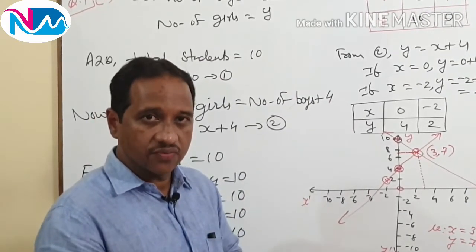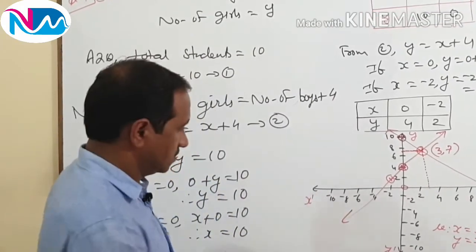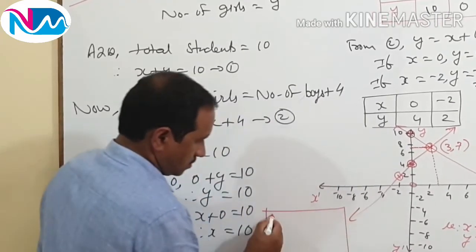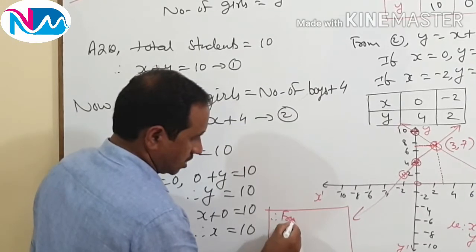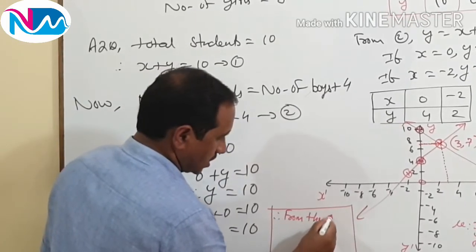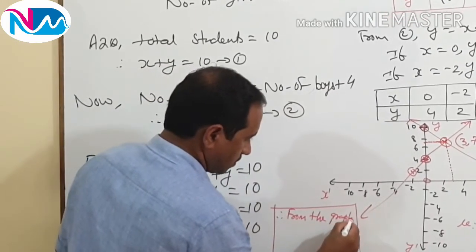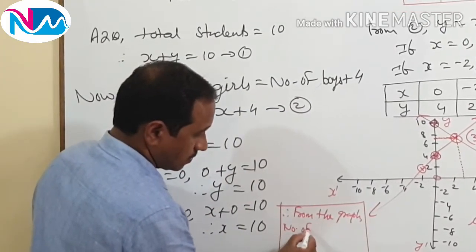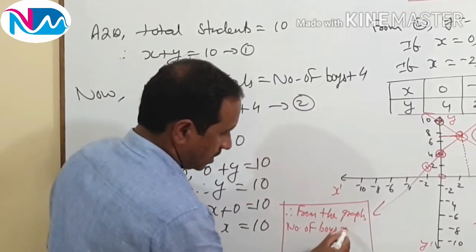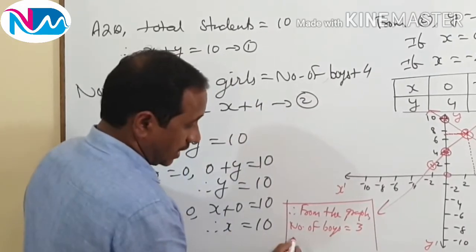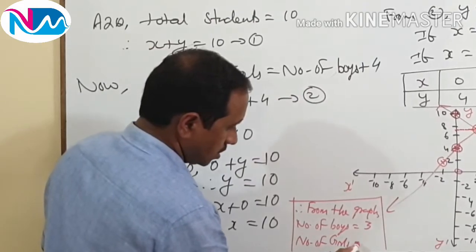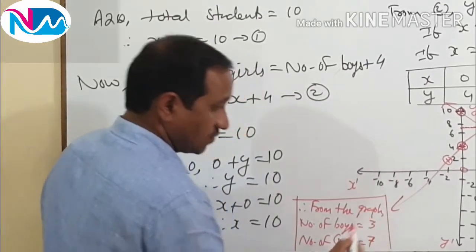So, from the graph, we can say that the number of boys is equal to 3 and the number of girls is equal to 7.